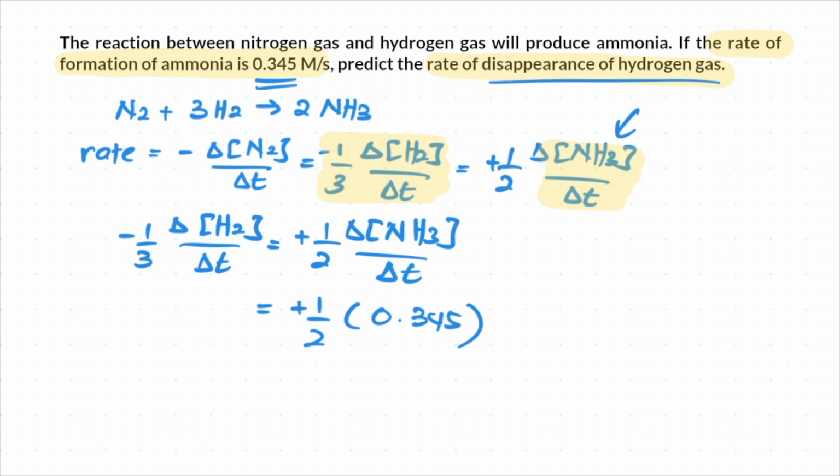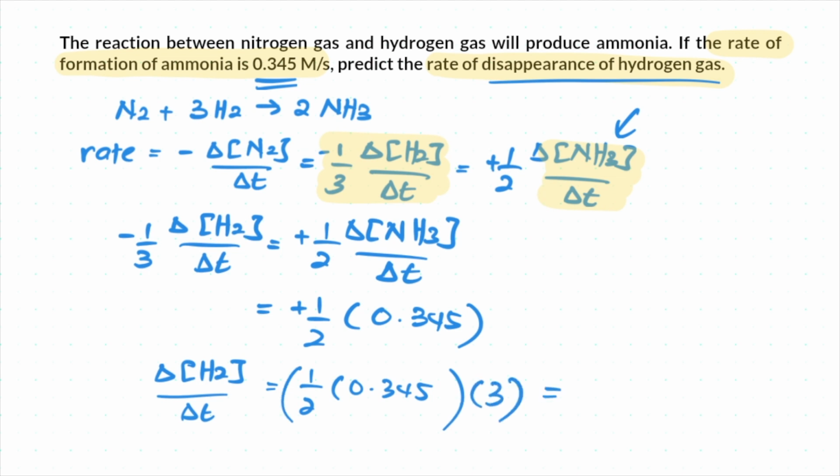Because you were asked to calculate the rate of disappearance of hydrogen gas, you just want delta concentration of H2 over delta t, so this value you need to times 3. Hence you will get 0.5175 molar per second. But since it's a disappearance of hydrogen gas, it means the hydrogen gas is a reactant. Therefore, your final answer should be negative. So this is the final answer for the 8th question.